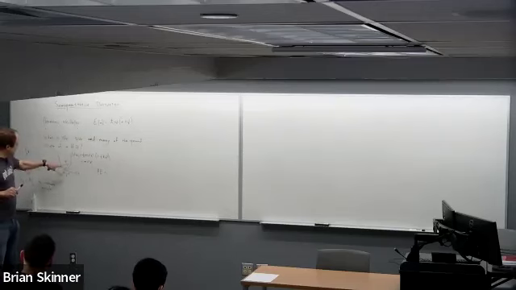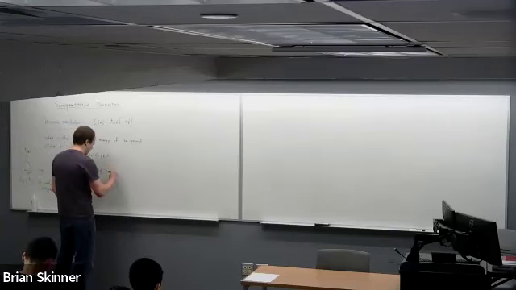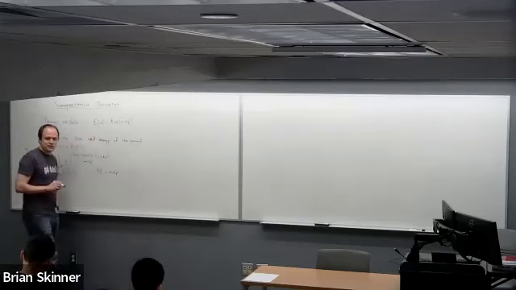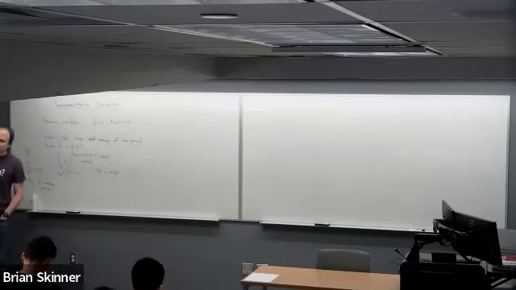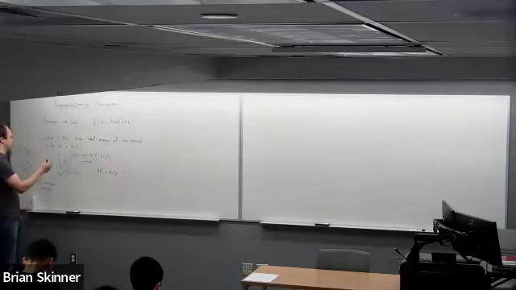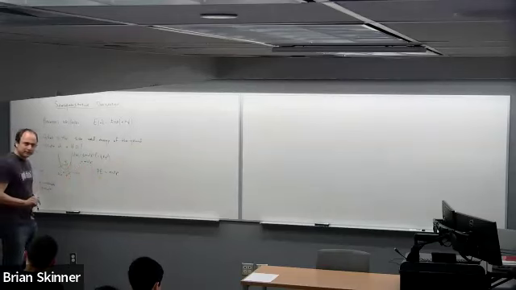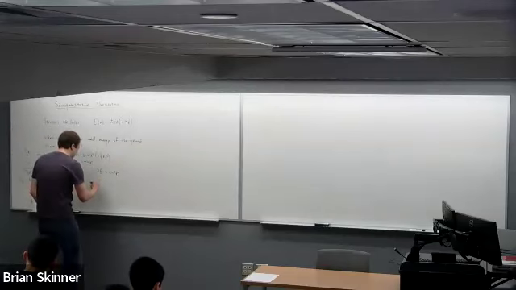M omega squared r squared. You want to say it doesn't have one position r, it has a range of positions. I know you're doing an integral, but its typical deviation away from the origin is r, and so its typical potential energy is m omega squared r squared. With me. Okay.